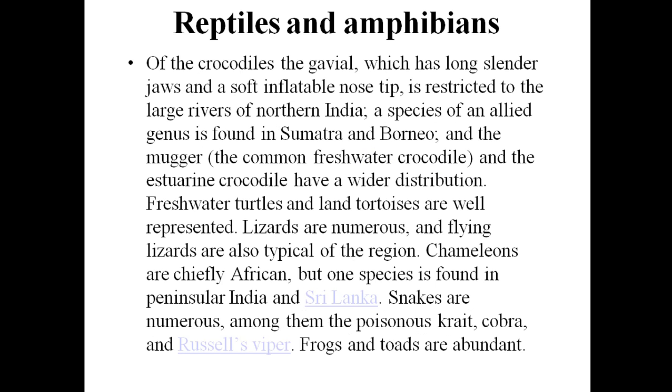A species belonging to the same genus is found in Sumatra and Borneo. The mugger, the freshwater crocodile, and the estuarine crocodile have wider distribution.